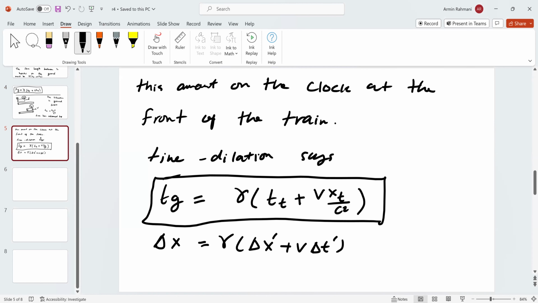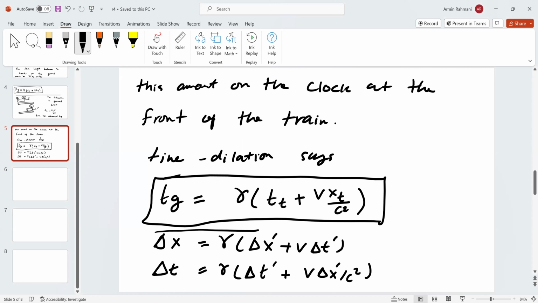And this equation I can replace with delta t, the time interval in the frame attached to the ground, is going to be gamma (delta t prime plus v delta x prime over c squared). So these are the Lorentz transformations.